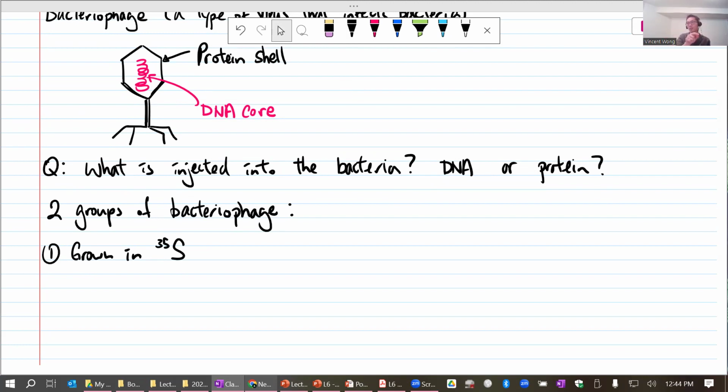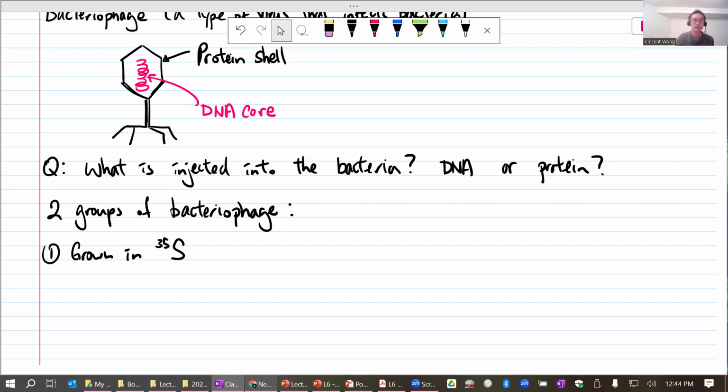And this one is sulfur 35, so it's heavier. And again, I told you this before, heavier isotopes tend to break down and decompose on their own, and it gives off radiation. So the point is, you can detect where the radiation is coming from.